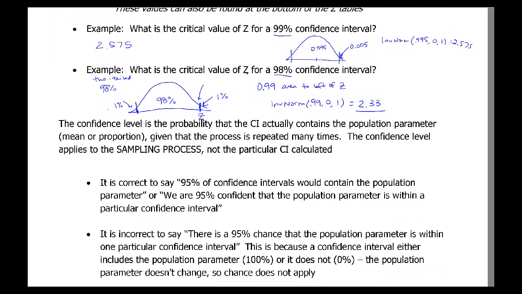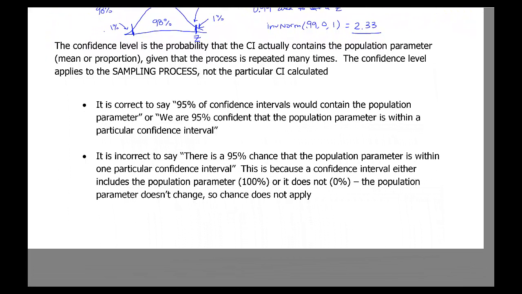Okay. So what does a confidence level or confidence interval mean? A confidence interval, the percentage of that tells you how confident you can be that the population mean is actually in a confidence interval that you calculate.